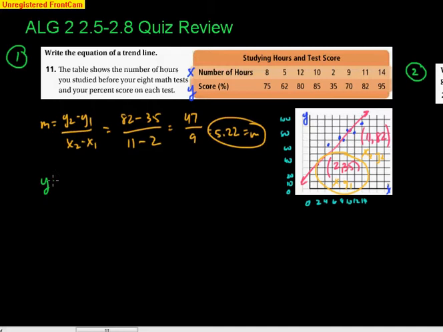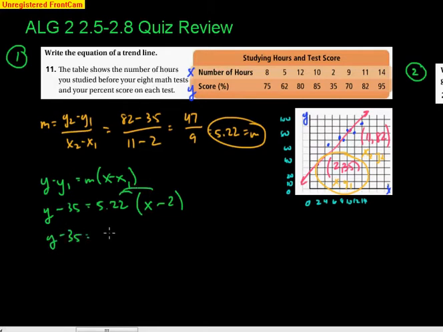Now I will use this slope and this point 2, 35 in point-slope form. Point-slope form: y minus y1 equals m times x minus x1. Y minus 35 equals 5.22 times x minus 2. Distribute the 5.22: 5.22x minus 5.22 times 2 is 10.44.